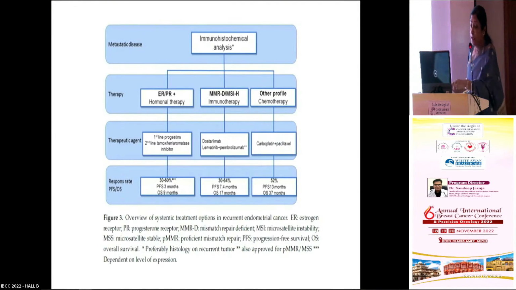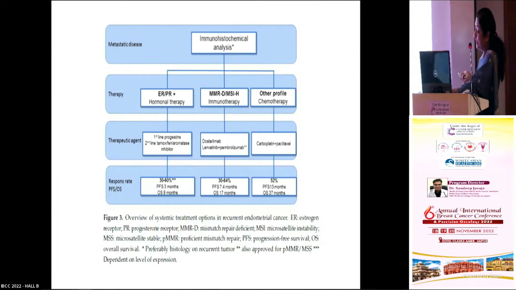Just 2 minutes. This is an overall chart of how to deal with metastatic or recurrent disease. You do an immunohistochemical analysis. If it's ER/PR positive, then you go for hormone therapy. Again, like I said, progestins and tamoxifen or aromatase inhibitors.